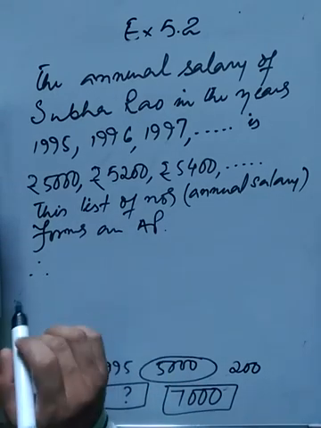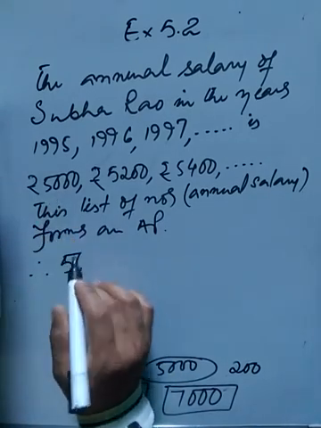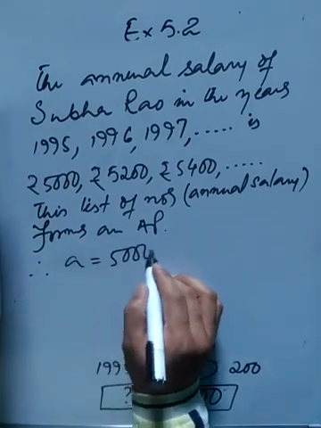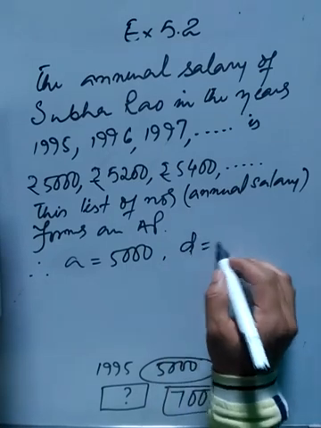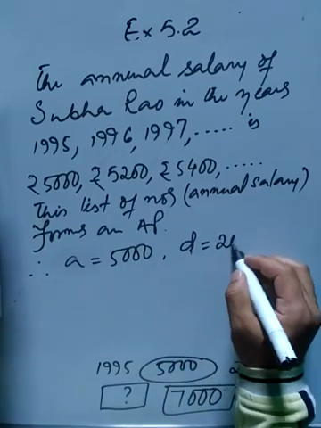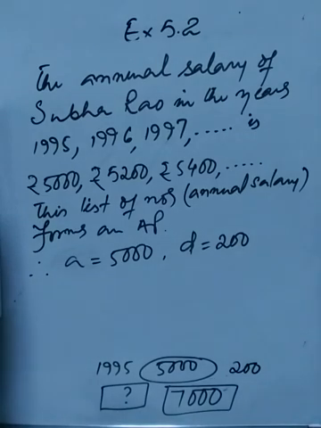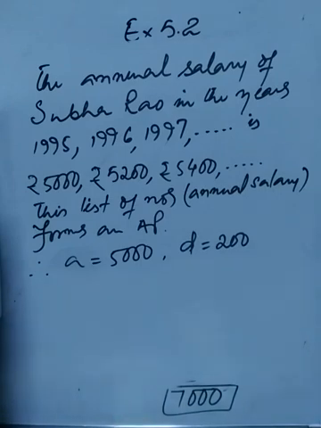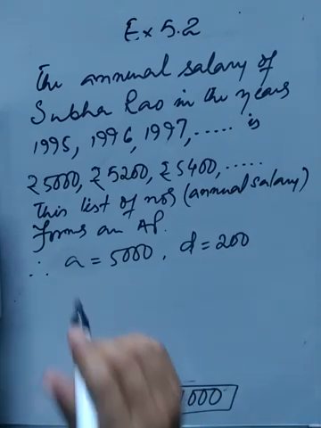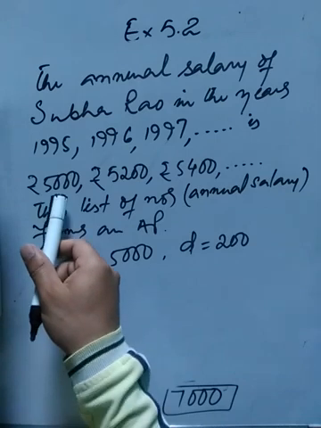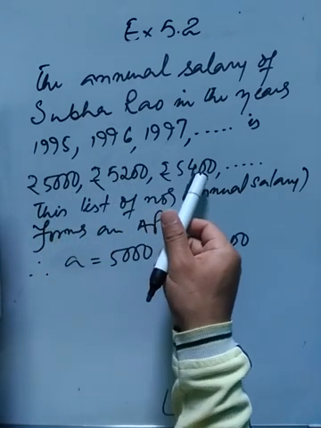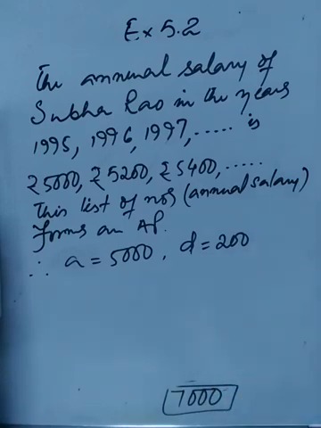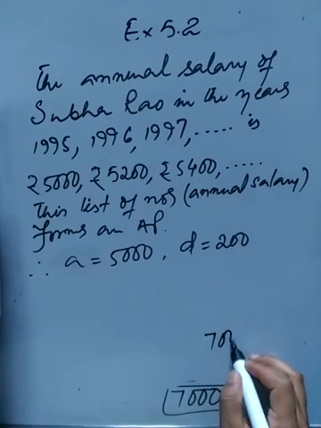Therefore the first term will be 5,000, and common difference will be the increment every year, 200. So what the question is saying, let us listen carefully once. He continues working, 5,000, 5,200, 5,400, every year incremented by 200, but in a particular year his salary will be 7,000.